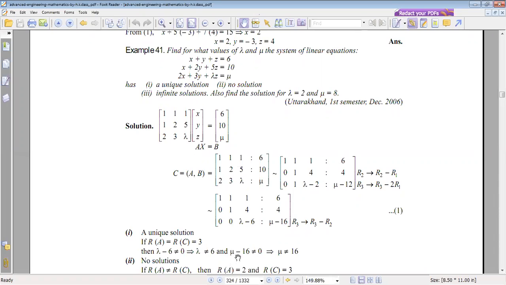Actually, mu can be any value. But lambda cannot be equal to 6, because if lambda equals 6, then this row becomes 0 and the rank of the matrix A becomes 2. Then there will be no solution. So if lambda is not equal to 6, mu can be any value, no problem. Now it is clear? Yes, sir.